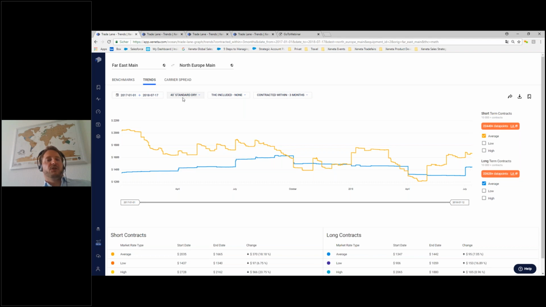So 20 foot and 40 foot are not calculated together. We are not talking about average TEUs, but specific rate levels for the various equipment types, as well as special equipment like reefer and tank containers. The next thing worth mentioning is that the rate levels you are seeing here can be displayed according to your corresponding processes.